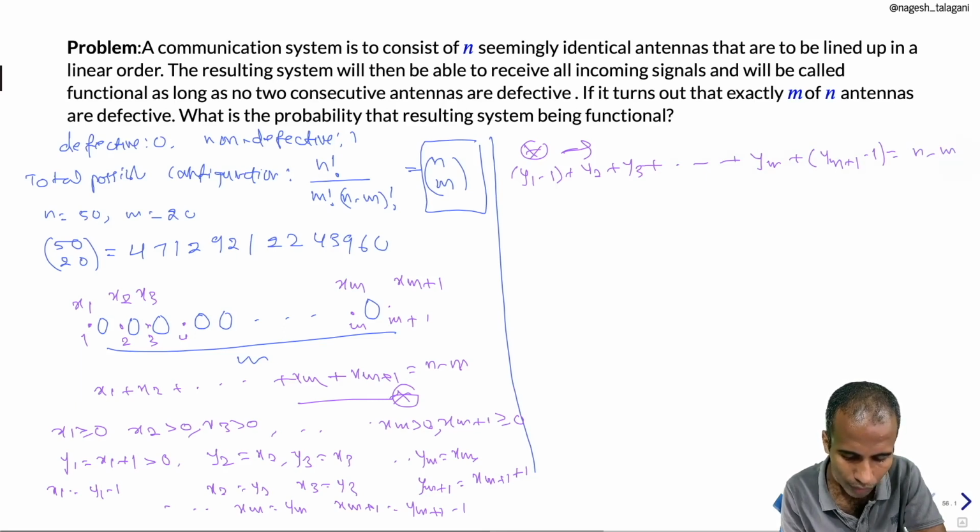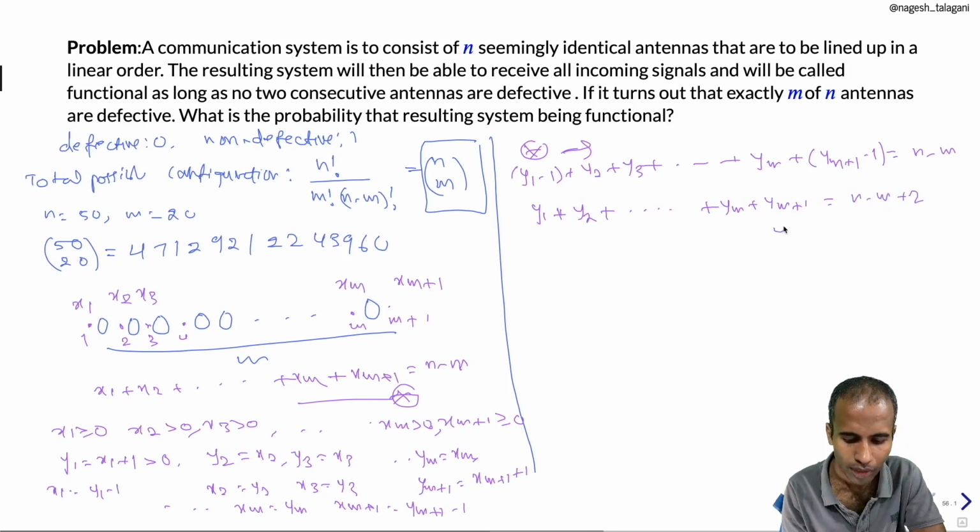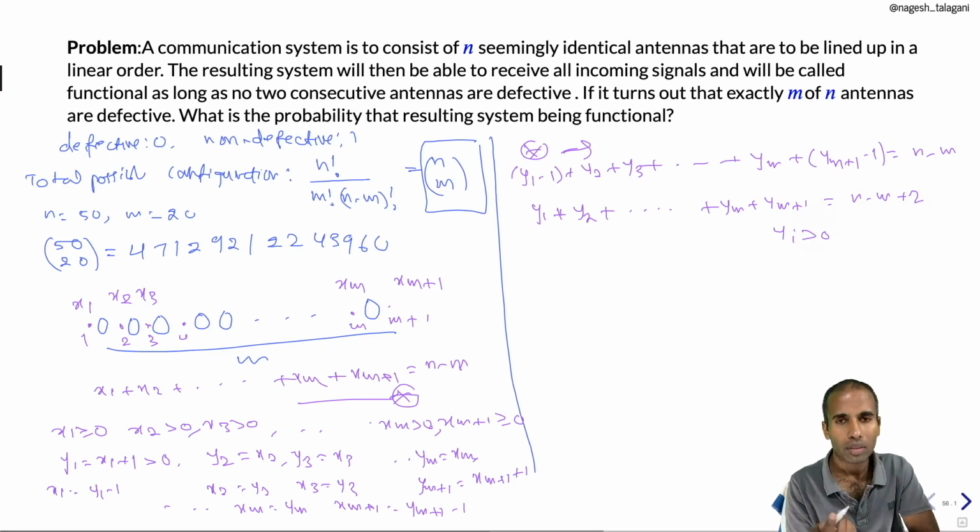Now taking the minus 1 and minus 1, that is minus 2, to the other side, the equation becomes y1 plus y2 plus so on, ym plus 1 equal to n minus m plus 2. Here each yi is positive. Now it is enough to look for positive integer solutions of this equation. We know how to count positive integer solutions of an equation.